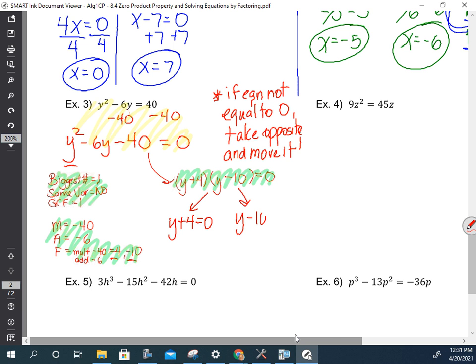Y minus 10 equals 0. Once it's factored, you can split it apart. Subtract 4. Y equals negative 4. And add 10. Y equals 10.